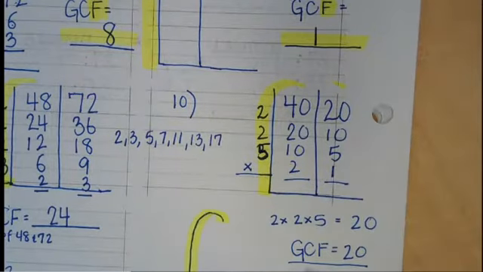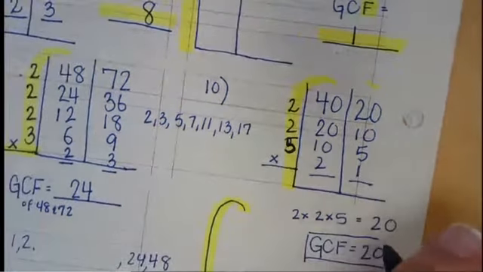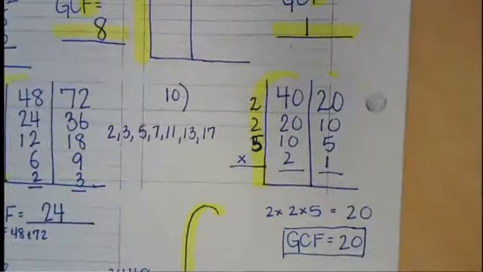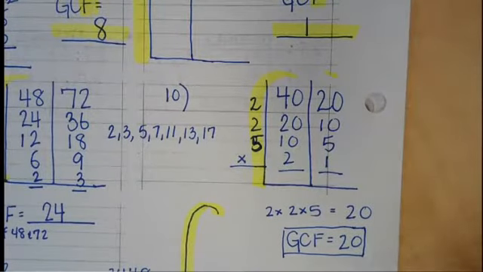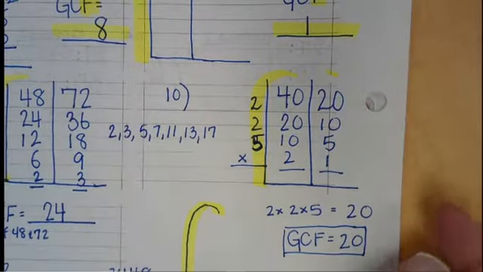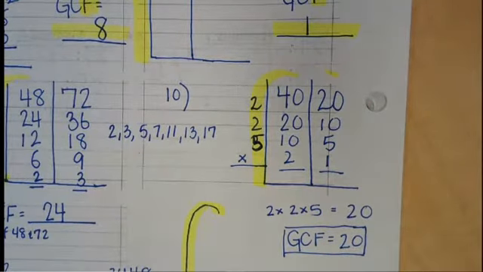And then make sure you're underlining or boxing or highlighting your answers so that when people check them, they can see where your answers are easily. So they don't have to play hide and seek.